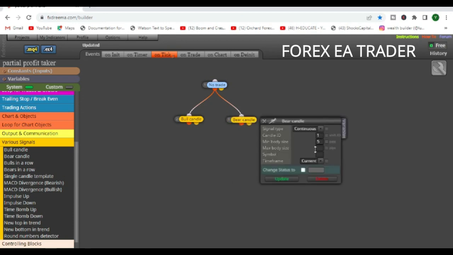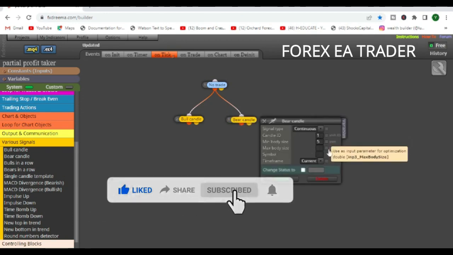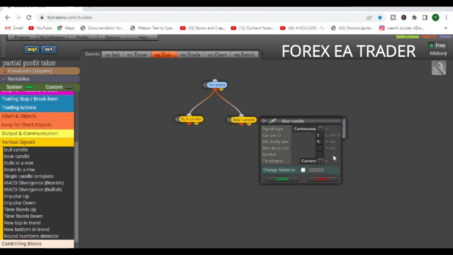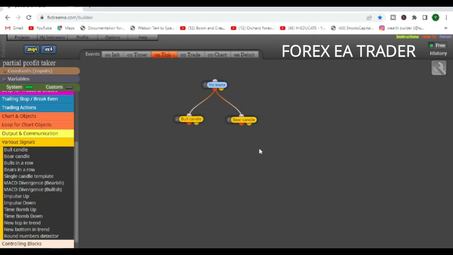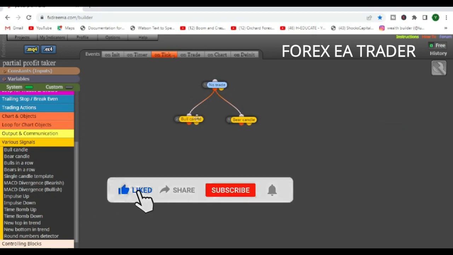And the same deal with the bear candle. We are not going to change much. If you want to change anything, you can always come back to Fxdreema and change everything, or you can just tick these boxes so that you can change everything on the MetaTrader side. So that will be our conditions.